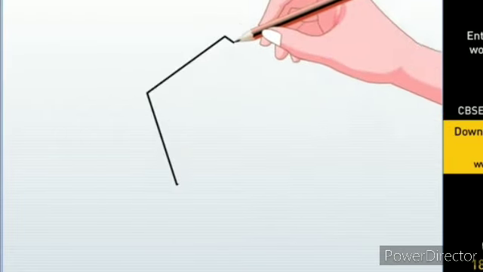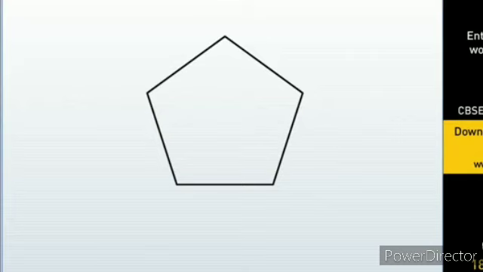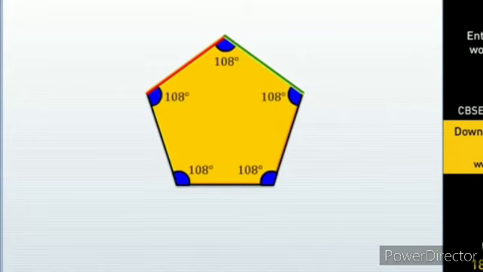Now we will learn about the sum of the interior angles of a polygon. When we say interior of a polygon, we are talking about the region that is bounded by its sides. Each interior angle of a polygon is the angle made by two consecutive sides. Here, we will find the sum of all interior angles of a polygon.